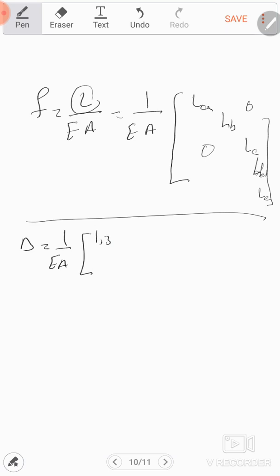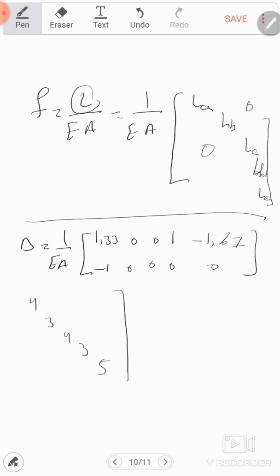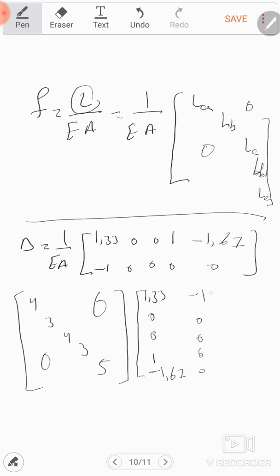Transpose the matrix: 1.33, 0, 0, 1, minus 1.67, minus 1, 0, 0, 0, 0. Small f is the length of each bar: 4, 3, 4, 3, 5, and the other elements are 0. Then TR is 1.33, 0, 0, 1, minus 1.67, minus 1, 0, 0, 0, 0, times the R matrix 0.5 and 1.